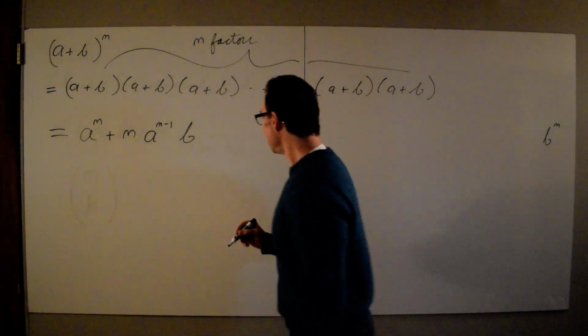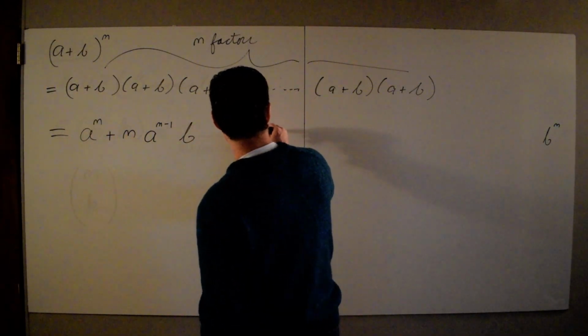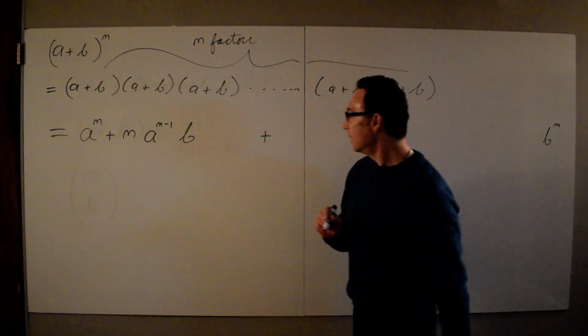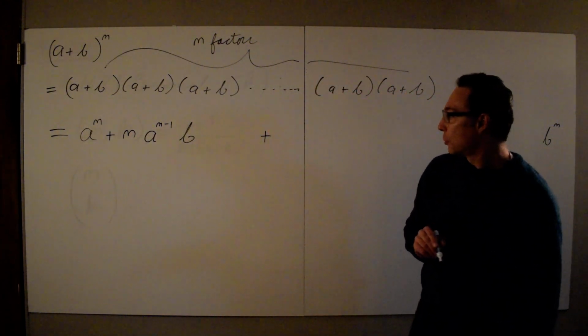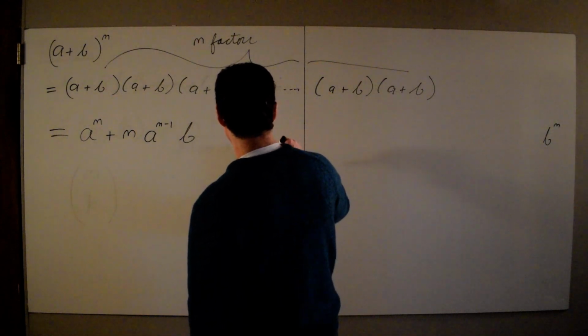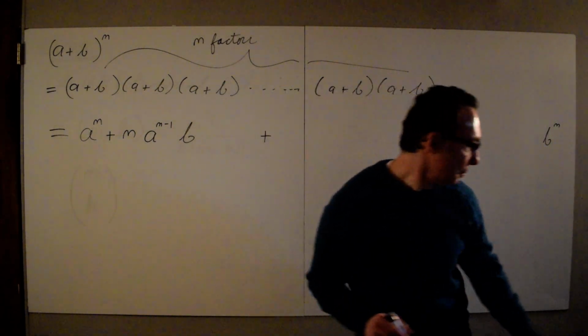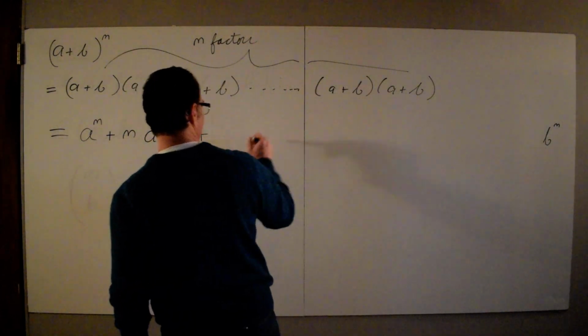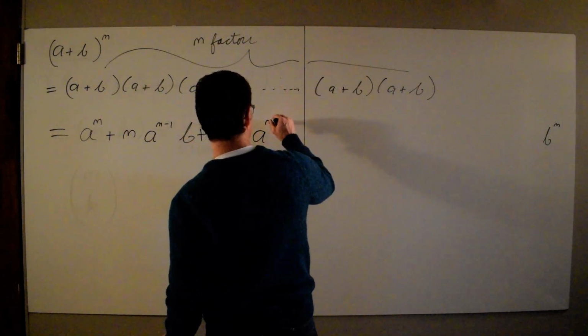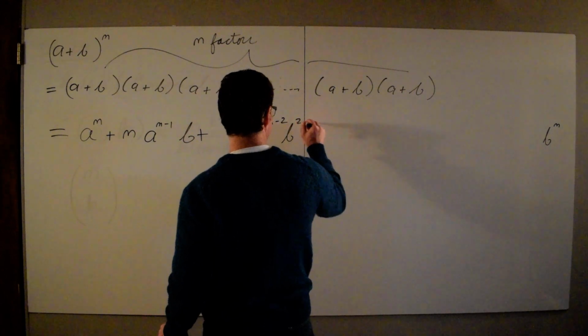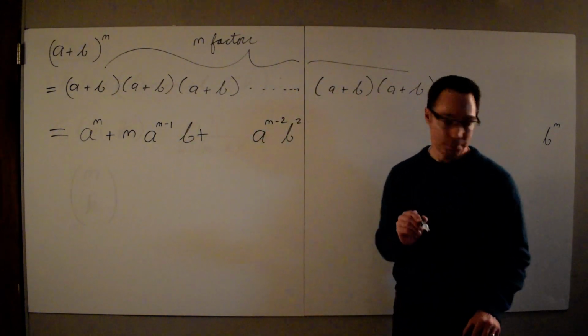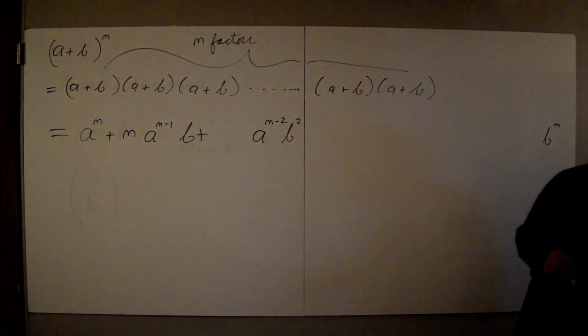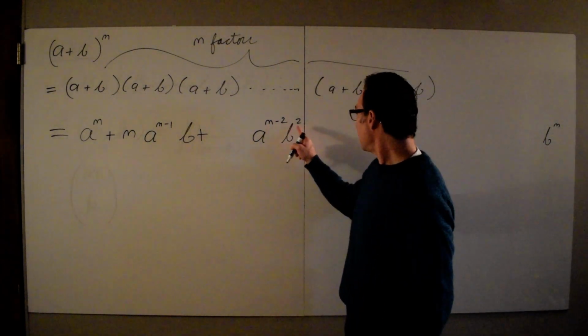Now, here's where things get a little more complicated. What's the next type of term we have? We have an a to the n minus 2 b squared term. How do we get one of these terms?